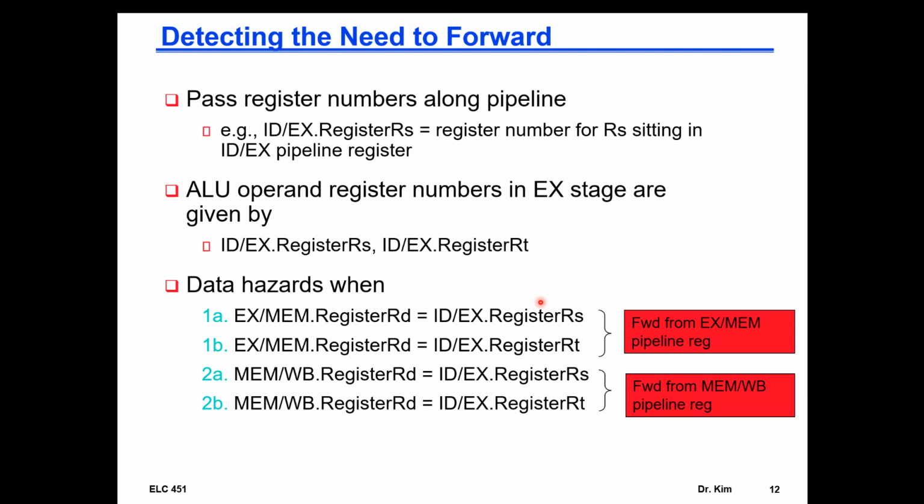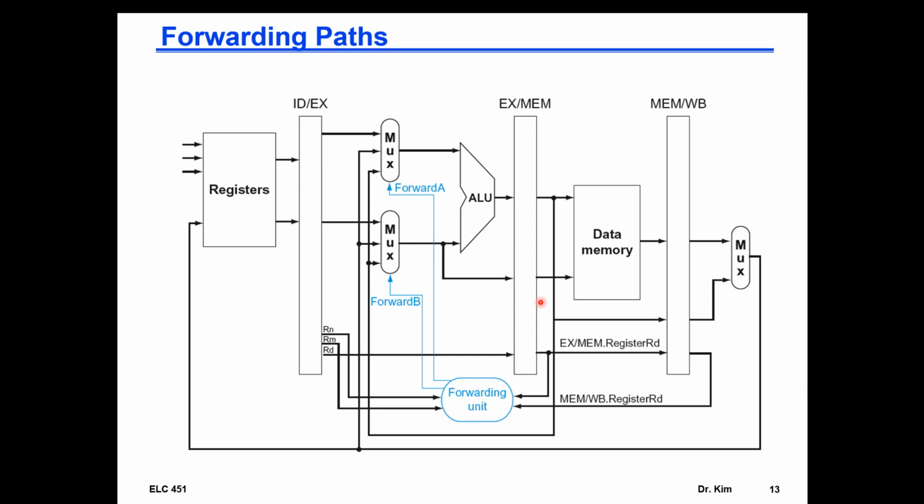So again, we're going to be passing these register number fields through the pipeline registers. And the unit that is going to do these comparisons and generate the data steering, which as you know is always done through multiplexers, we're just going to call it a forwarding unit. Okay?